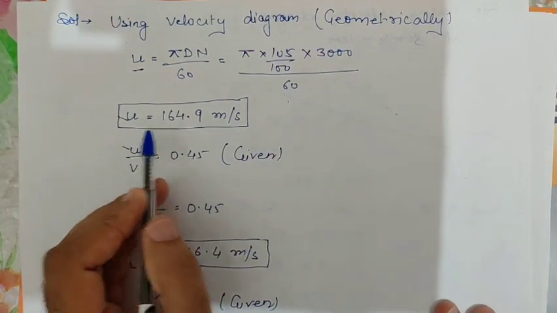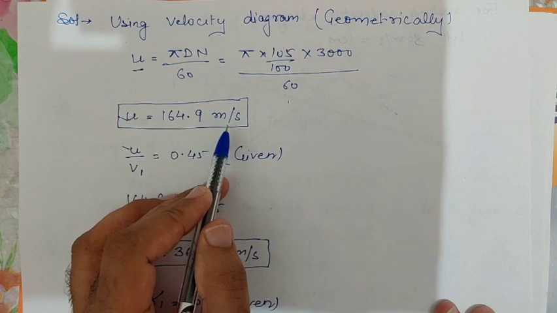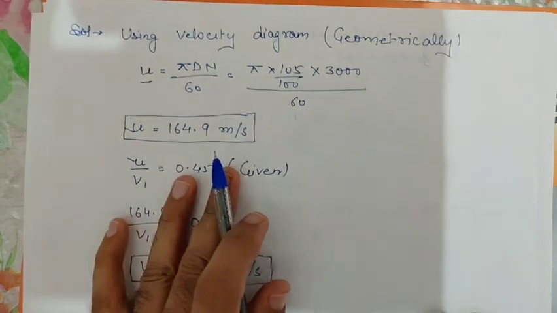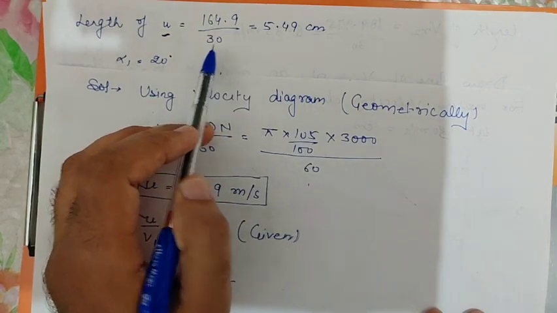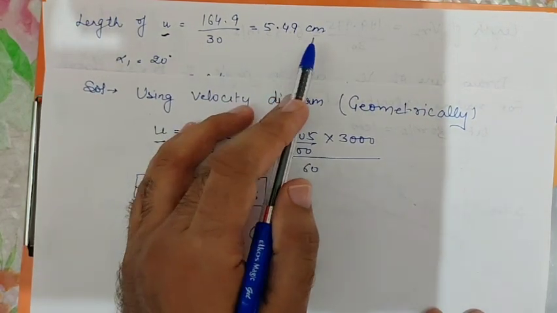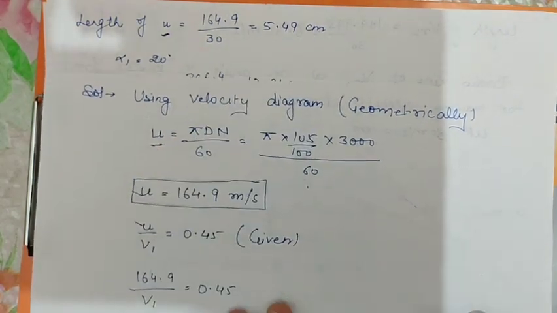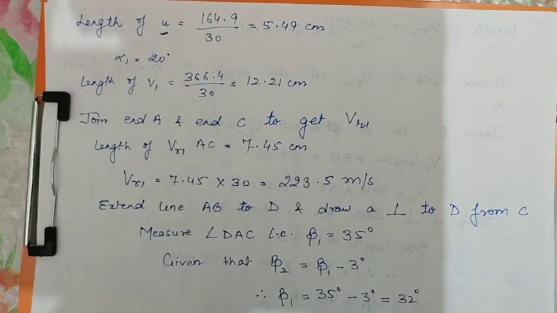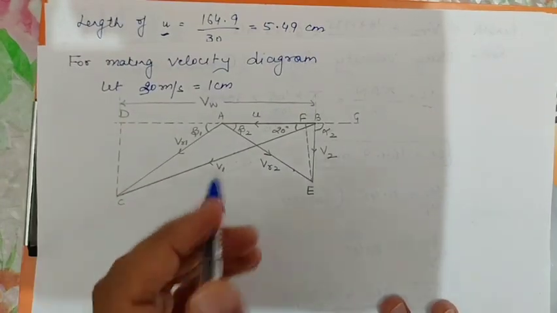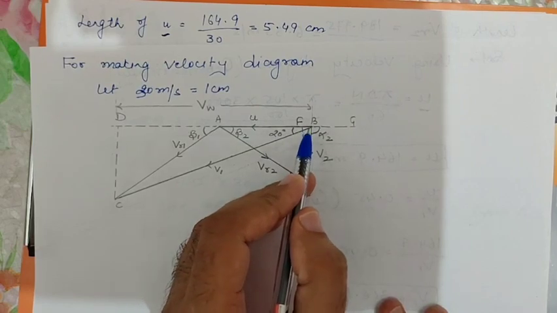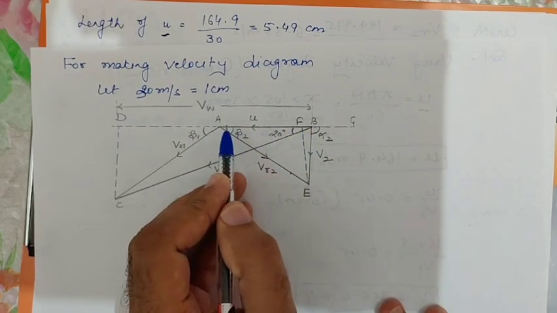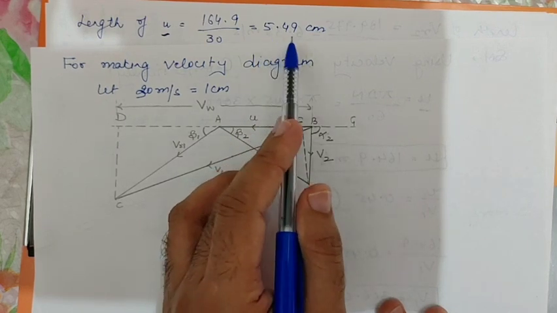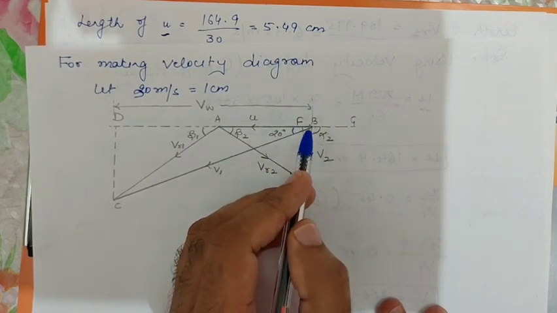So the value of U is 164.9 meter per second. So length of U is 164.9 divided by 30 equals 5.49 centimeter. So for drawing U in the velocity diagram, we take a line AB of length 5.49 centimeter.